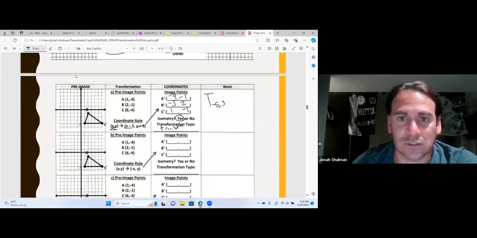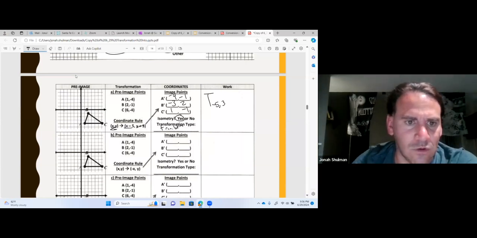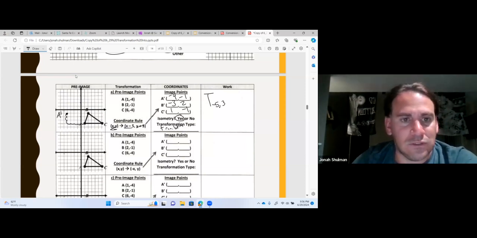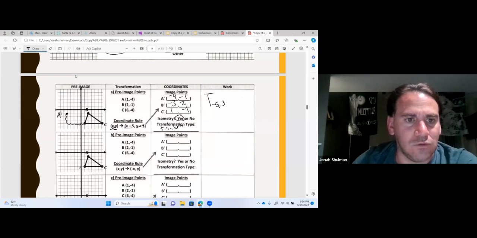So here it is. It's going to slide. Ready? Each point's going to go 1, 2, 3, 4, 5. 1, 2, 3. This is A prime, the first part. And you can see this is the point -4, down 1. Now it's the point -3, up 2. Here's B prime.